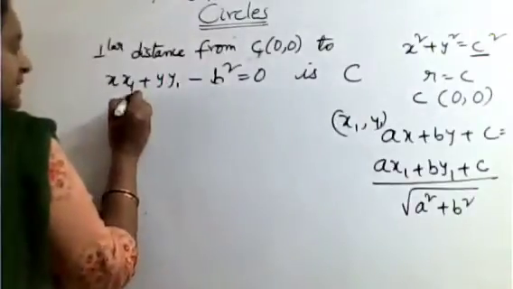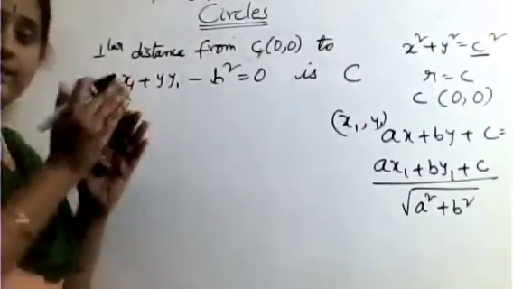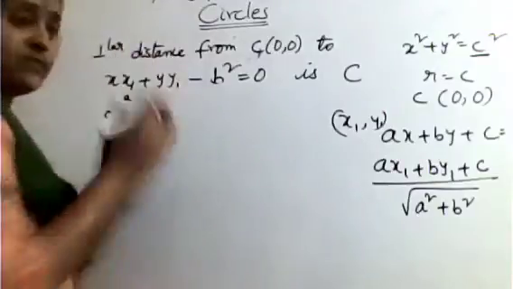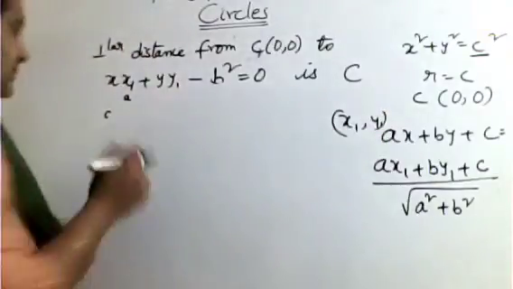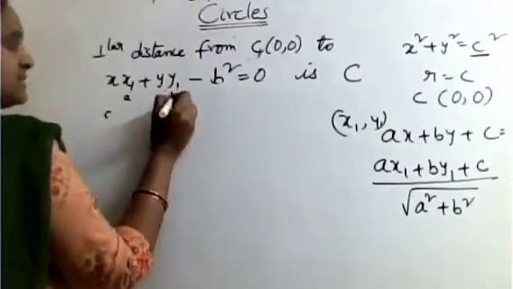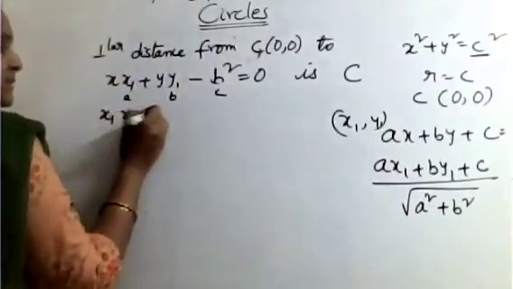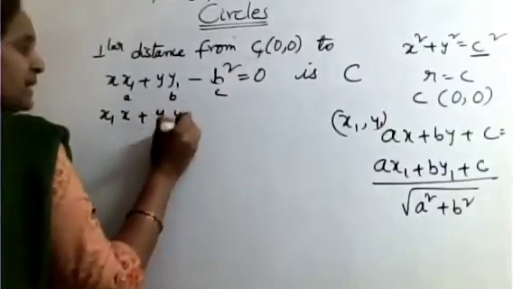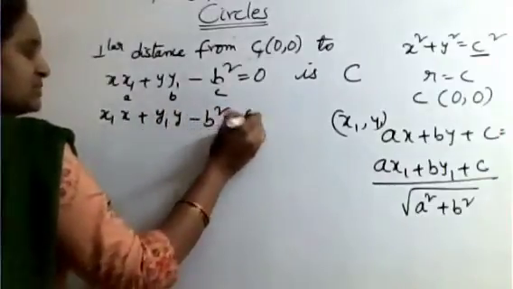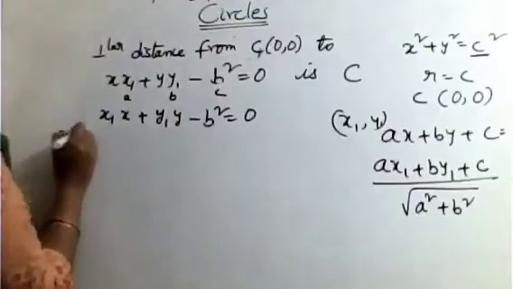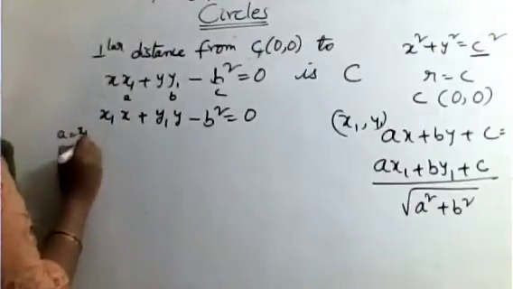So we need to convert the line equation into the form ax plus by plus c. We can write it as x1 x plus y1 y minus b square is equal to 0. So here a equals x1, b equals y1.